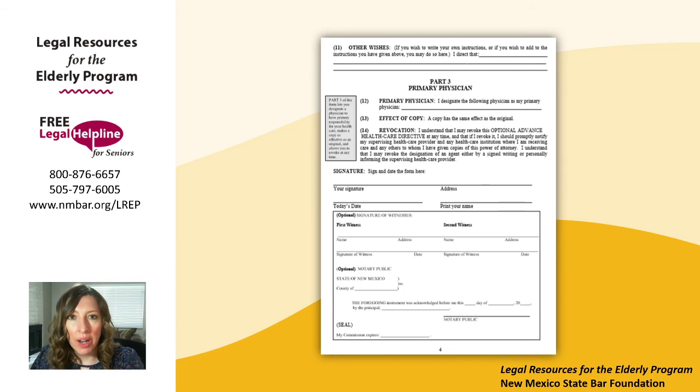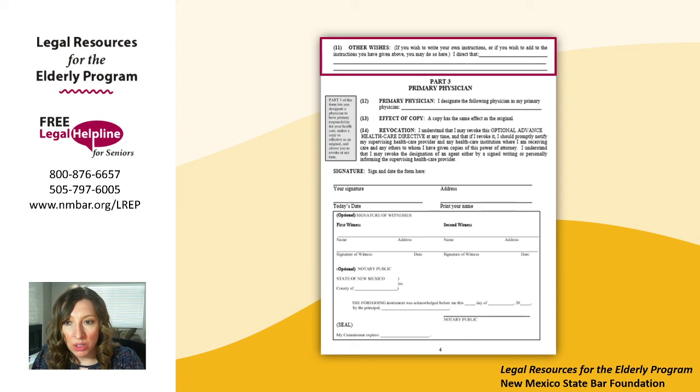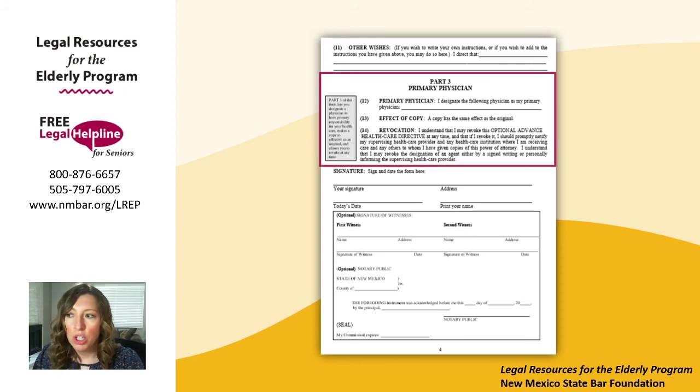Moving on to the final page of the Advanced Healthcare Directive form, you will find at the top that you have a section to express your other wishes in regards to your healthcare instructions. You will also find part 3 of the optional sections in your Advanced Healthcare Directive.